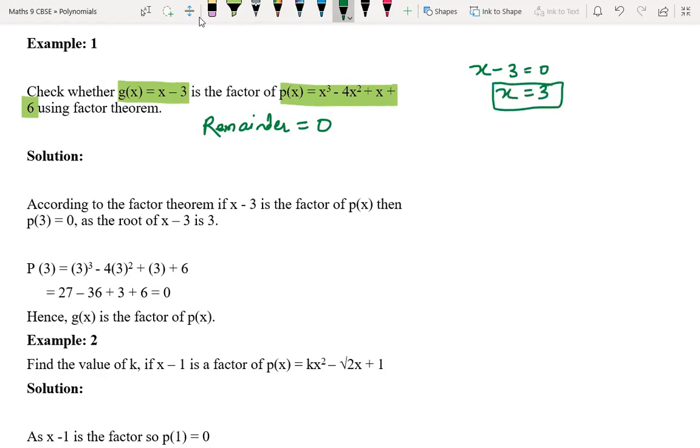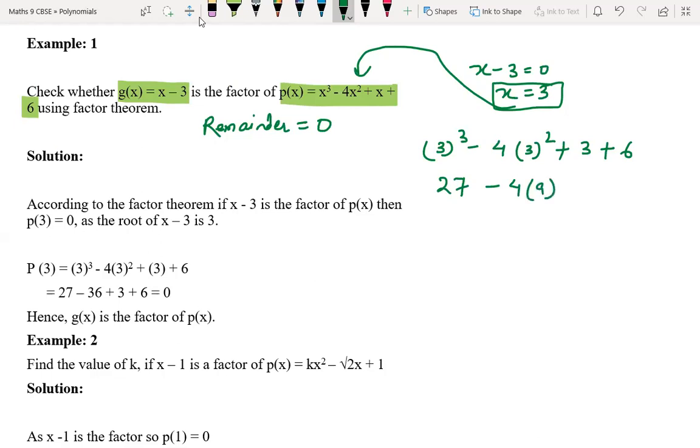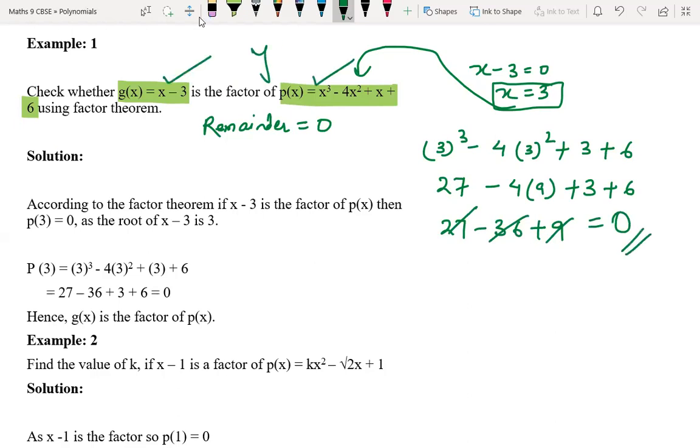So you can put x is equal to 3 in this equation. What do you get? 3 to the power 3 minus 4 times 3 to the power 2 plus 3 plus 6. Whatever you're getting, just simply put the values and get the answer. Understood, Sai Charan? So all things will get cancelled. Your answer is 0. So x minus 3 is a factor of this. It's true. Yes.